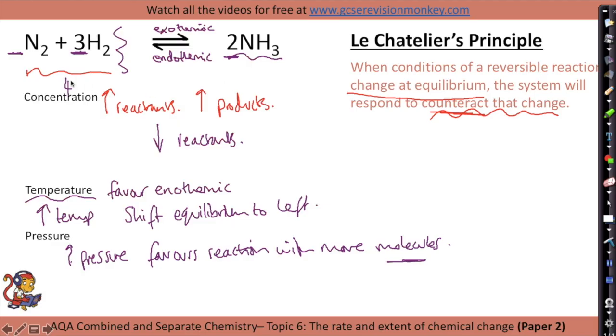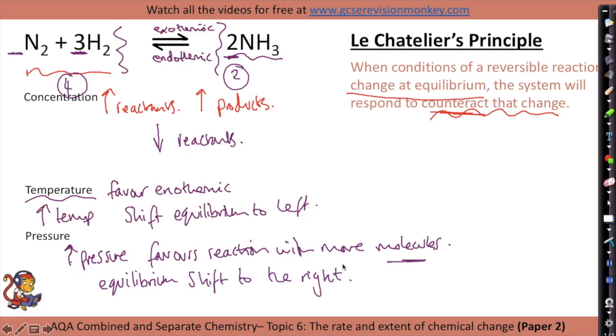So on this side of the reaction we've got 4 moles reacting together, and on this side we've got 2. So if we increase the pressure, we are favouring the reaction with fewer molecules, and therefore you are going to produce more ammonia. So the equilibrium will shift to the right, so you are producing more ammonia. So in this case we would add the detail about equilibrium shifting to the right.